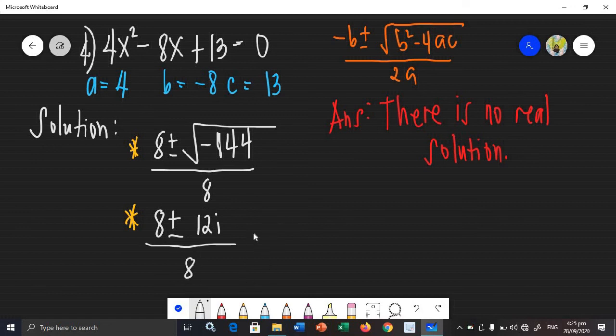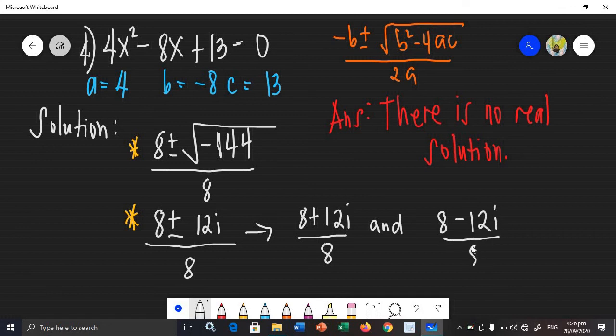So, continuing the solution, magiging siyang 8 plus 12i over 8, and 8 minus 12i over 8.